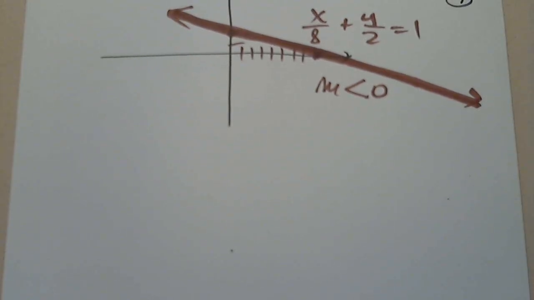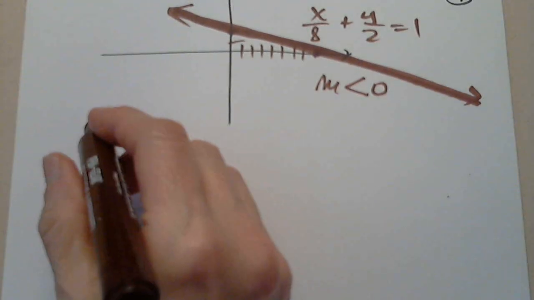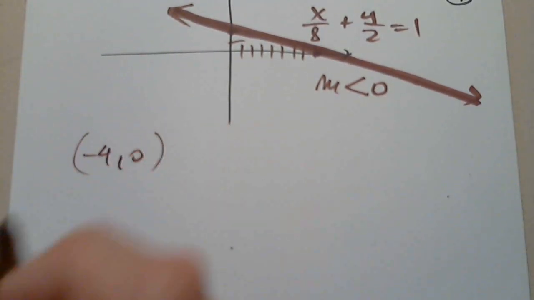So then, will this vertical line have a y-intercept? No. Will it have an x-intercept? Yes. And can anyone give us the point that represents the x-intercept? Negative 4, 0. Correct. Of course. Negative 4, 0.